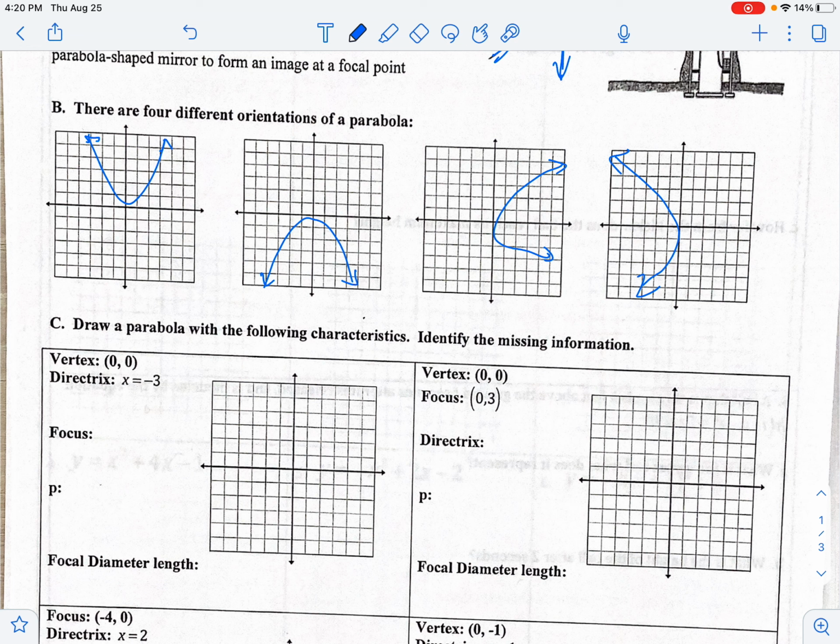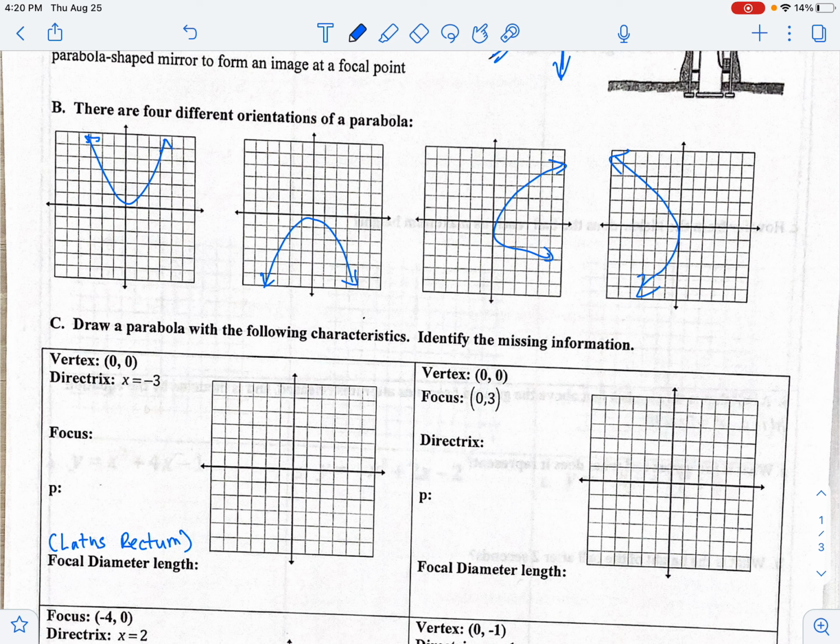In the videos I posted on the subplans, the people talk about latus rectum. That's just another name for the focal diameter. So I'm just going to say focal diameter for the rest of the video, but know that it means latus rectum, the same thing that the other people in the other videos are talking about.